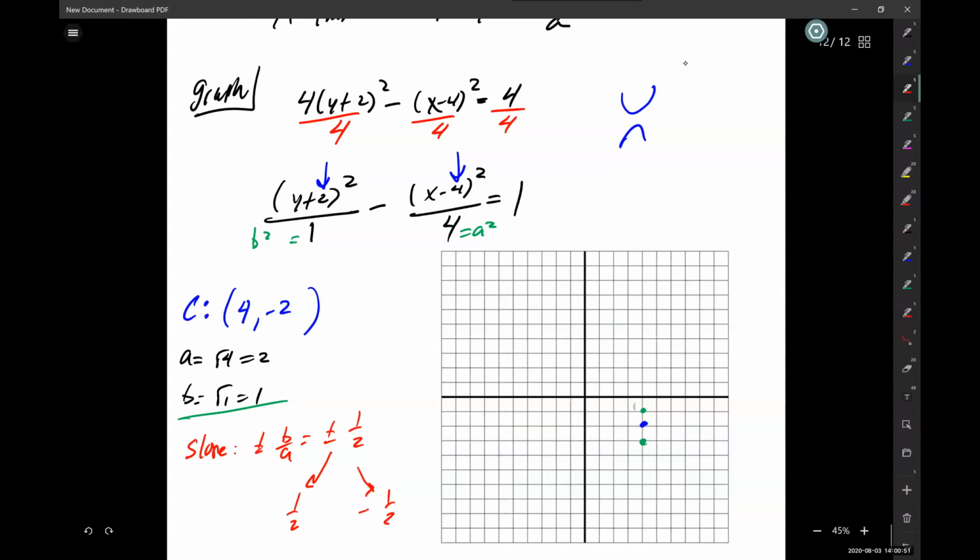So positive 1/2 is up 1 over 2. So from my blue, I'm going to move up 1 point, over to the right 2 points. And that's going to give me my first asymptote. And then for negative 1/2, I'm going to go down 1, over 2. And that's going to give me my second asymptote.